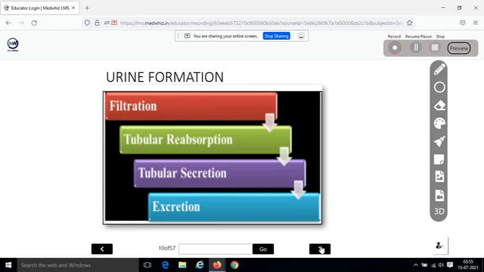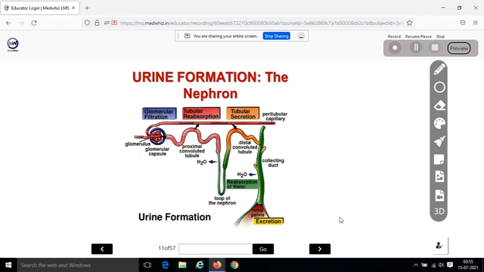The structural and functional unit of the kidney is the nephron, and it has the Bowman's capsule, proximal convoluted tubule, then loop of Henle descending, then thin ascending, thick ascending, then distal convoluted tubule and collecting duct.